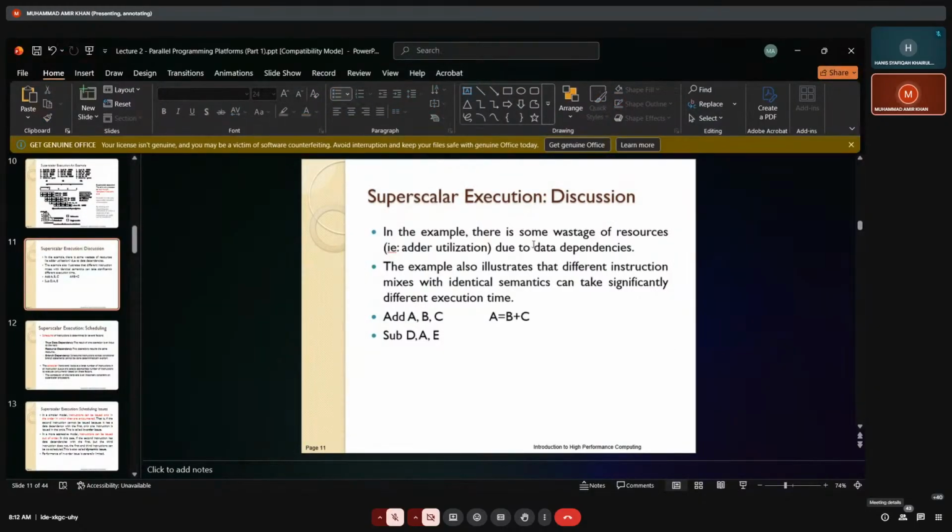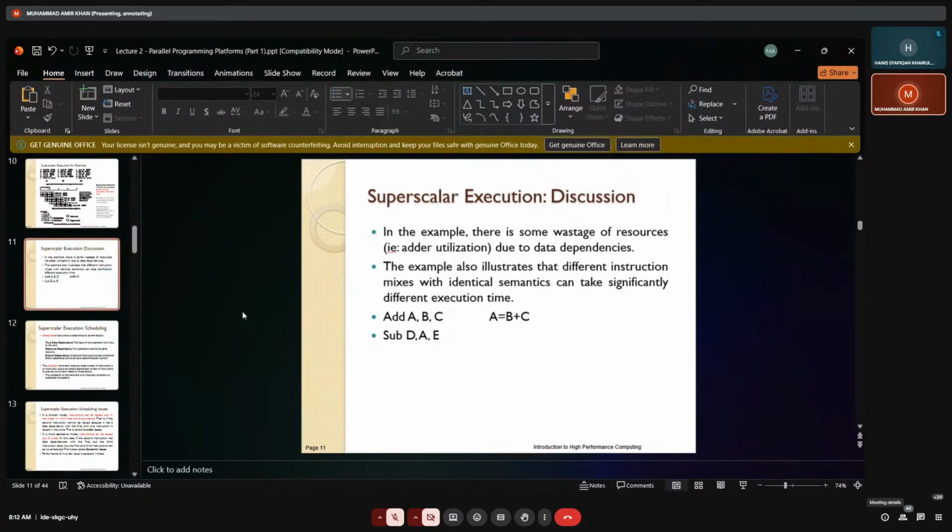This we call data dependency. The next instruction is dependent on the previous instruction, or we can say the next instruction is waiting for the result of the previous instruction. Yes, data dependency.